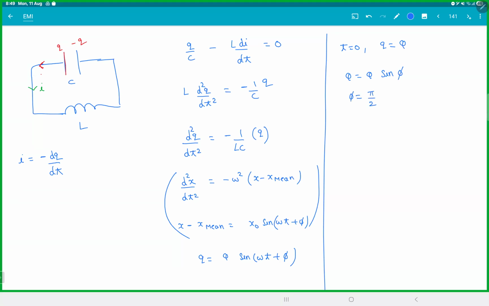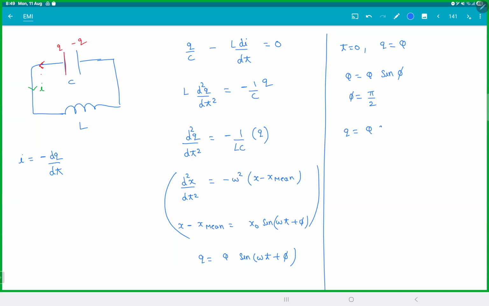Somewhere we goofed up. At t equal to 0, Q minus q was 0. You're right. Okay, yeah, I got what you're saying. I should have taken Q minus q as 0. The previous thing was right. Okay, I goofed up anyway, so this also will get it.